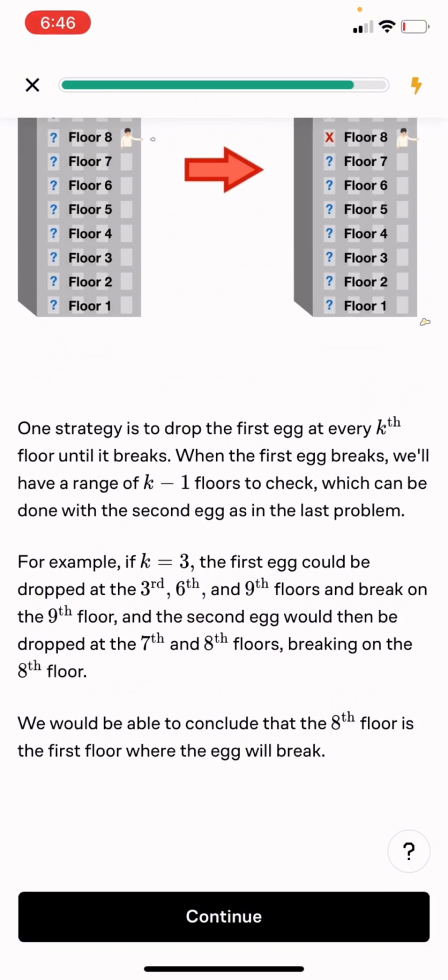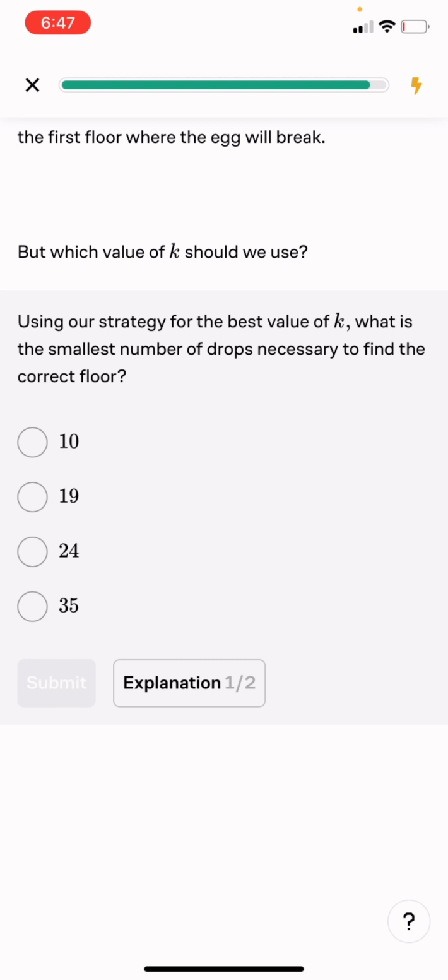For example, if K equals 3, the first egg could be dropped at the 3rd, 6th, and 9th floors, and would break on the 9th floor. The second egg would then be dropped at the 7th and 8th floors, breaking on the 8th floor. We will be able to conclude that the 8th floor is the first floor where the egg will break.